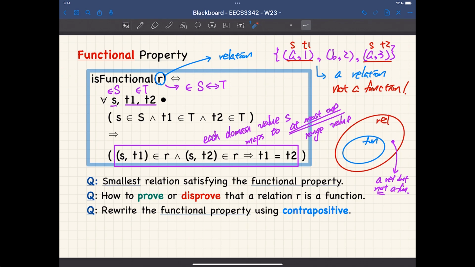And we gave you one example over here. This one here is a set of pairs. Definitely, it is a relation. However, it is not a function because you can see here for the same domain value over here, they map to more than one range value. That's how you can judge. If that's the case, then it's not a function.